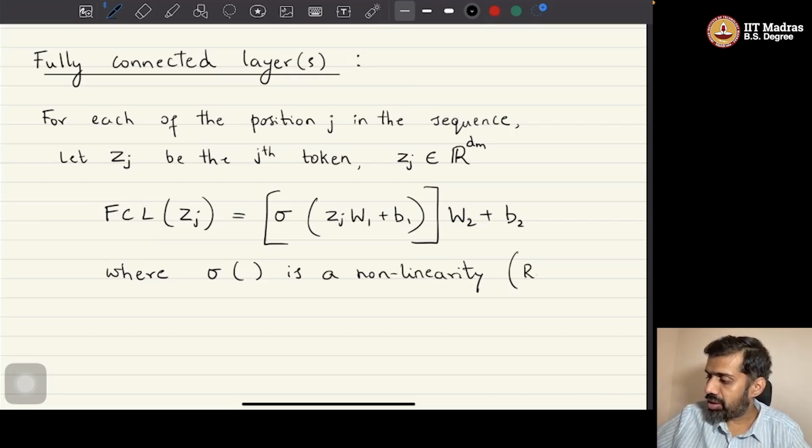Examples can be typical activation functions such as ReLU or sigmoid or tanh or any one of them. These are examples, and W1 and W2 are again learnable parameters.